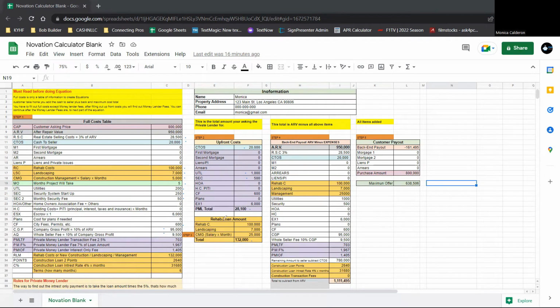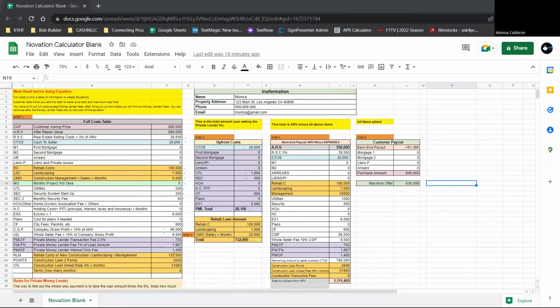Once we have this number, we can figure out the transaction fees, the loan amount, fees, and the interest only fee for the private money. Right, so this would be this purple section here, and the rehab loan amount would be our lump sum to get a construction loan. Right, so this is the amount we would need.